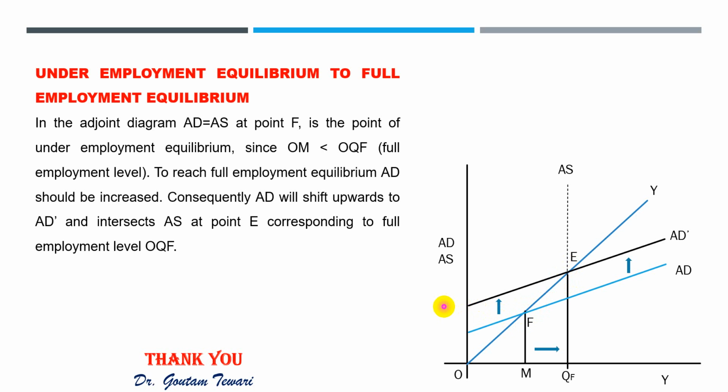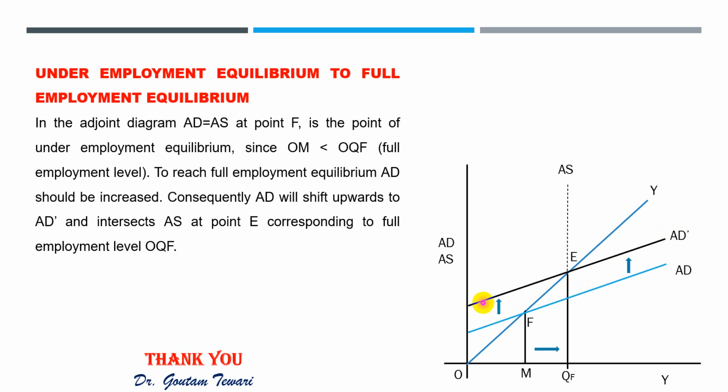Now the question is, how can an economy reach the full employment level? We can see that the arrow indicates an upward shift of the AD. That means there must be an increase in aggregate demand.